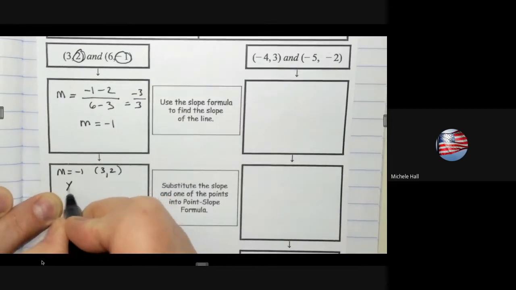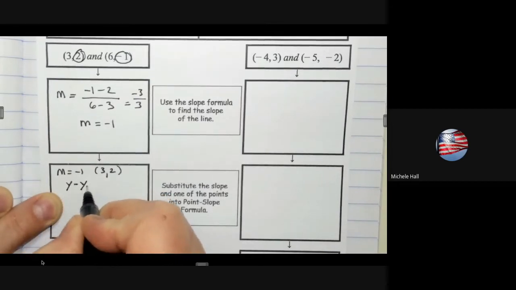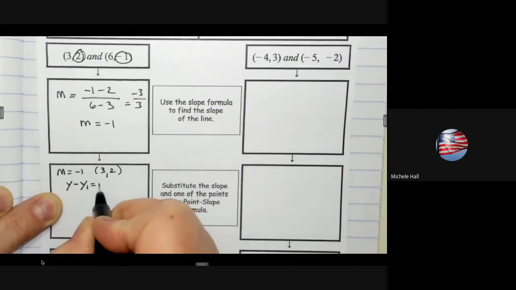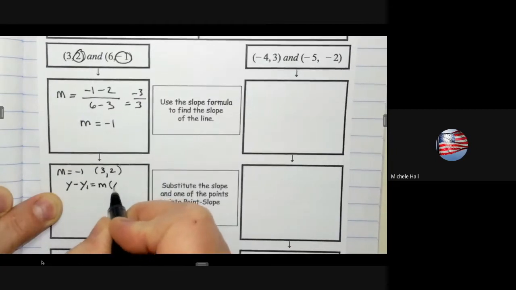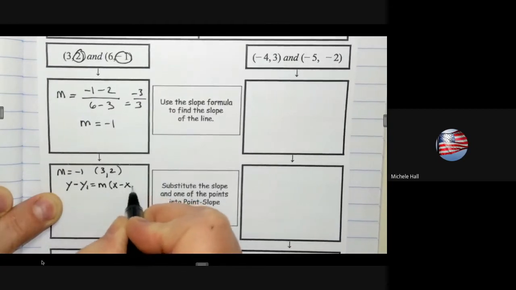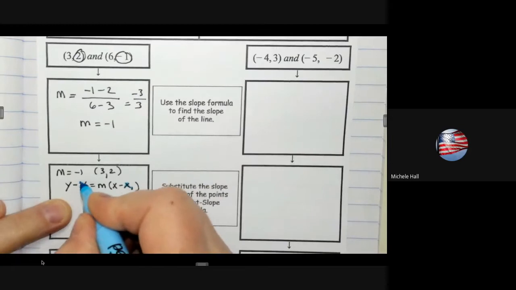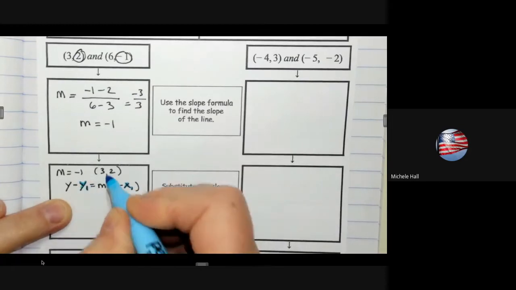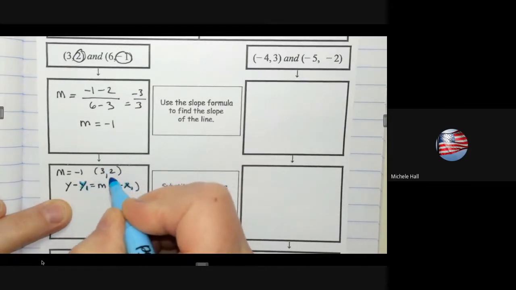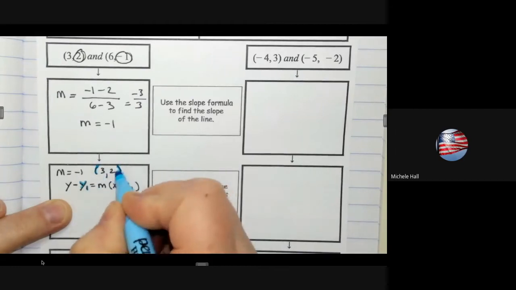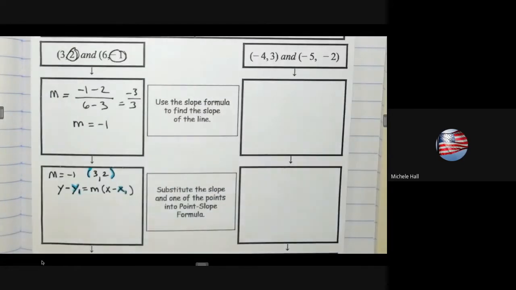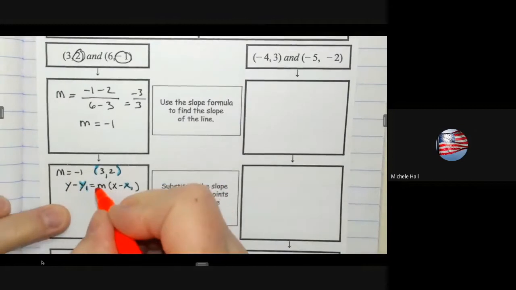So that is y minus y1 equals my slope times x minus x1. Here is our x1 and y1. And here is the x1 and y1. We also have our slope.